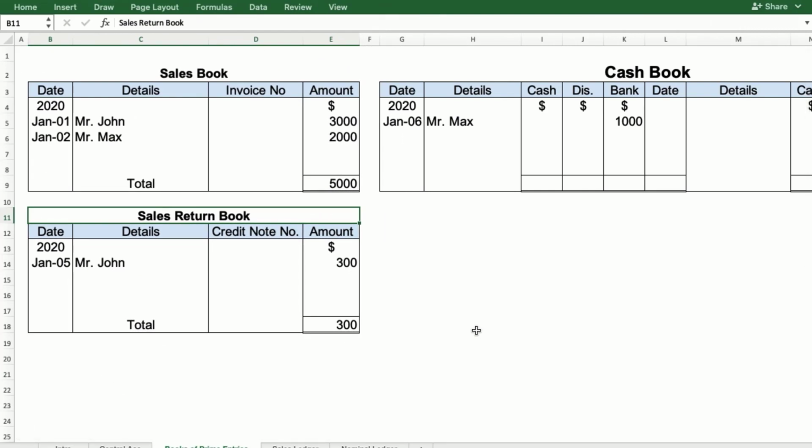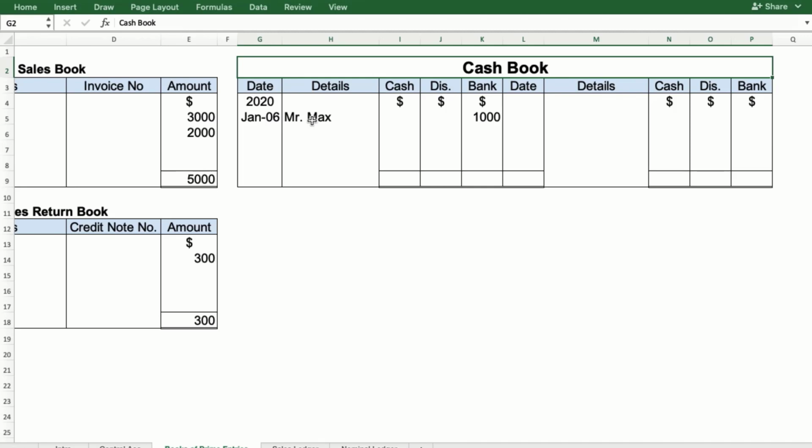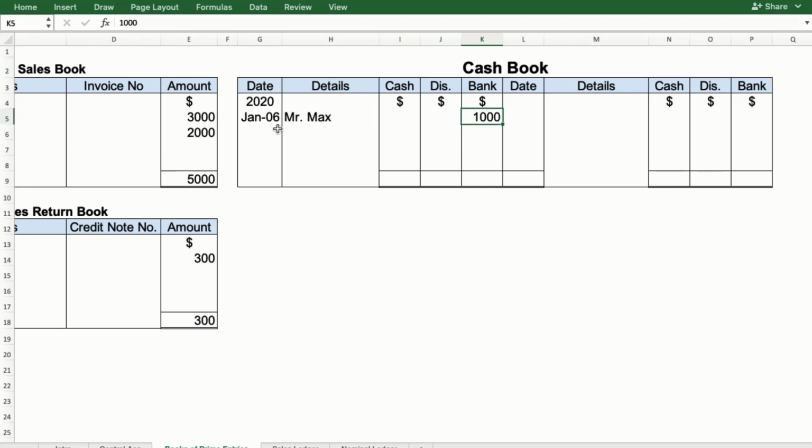Now let's see the cash book. In the cash book we got money from Mr. Max, $1,000. So first posting will take place in Mr. Max's account. Mr. Max is our trade receivable and he paid $1,000. So there will be a decrease in trade receivable.